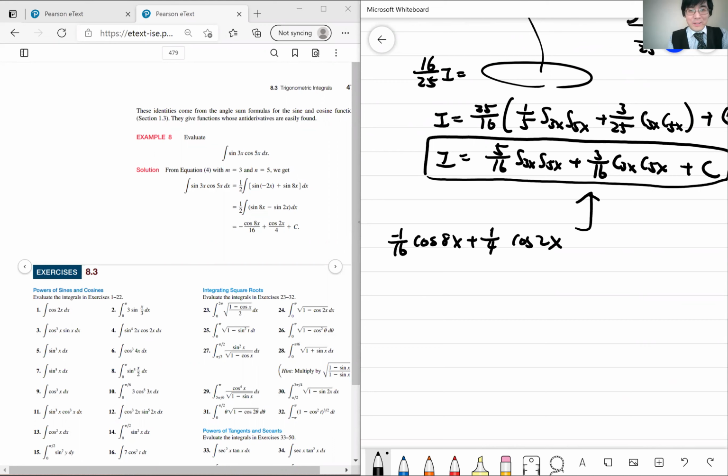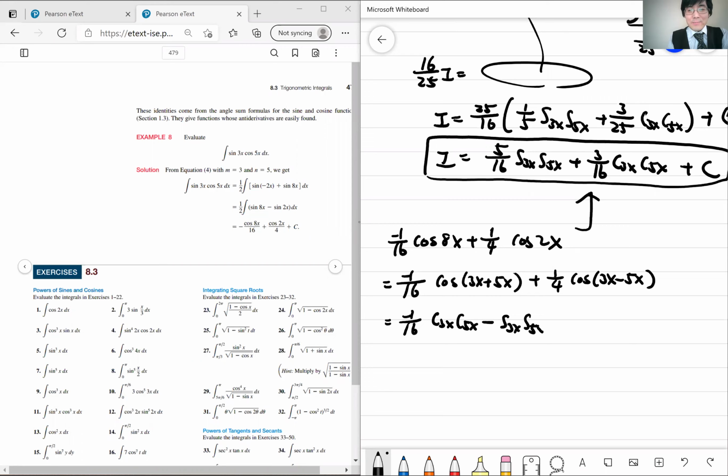Are they equal? Cosine 8x is the same thing as cosine of 3x plus 5x. Cosine 2x is the same thing as cosine of 3x minus 5x. Now you can use the addition formula identity. So this is going to be cosine 3x cosine 5x minus sine 3x sine 5x. Do the same here.